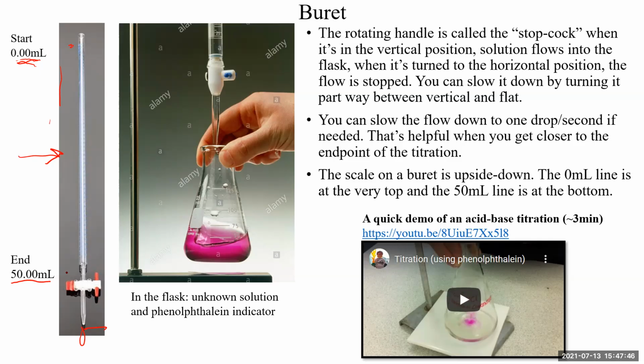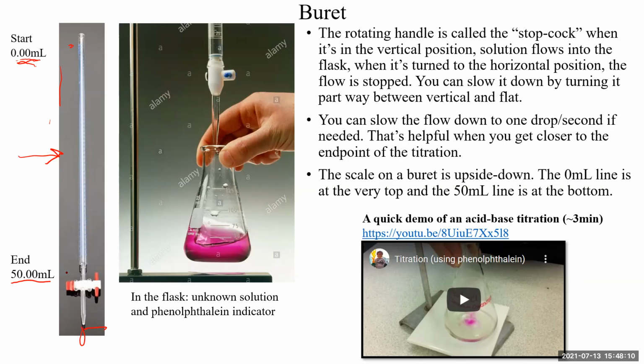So it's a reverse, or upside down scale. And the reason for that is simple. When you're using a burette, you're not measuring how much you're containing or holding. You're measuring how much you're using. So the more liquid that flows out of the burette, the greater the volume you have used. That's why the scale is upside down.